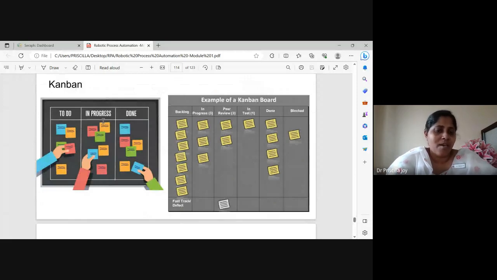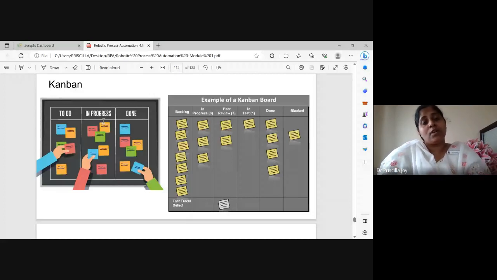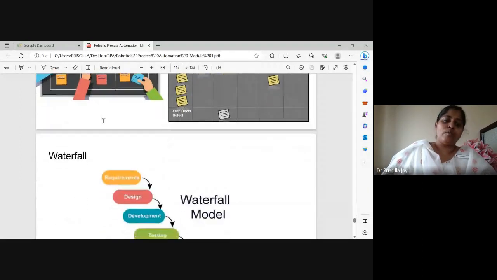For which too we'll be having the backlog, which is the fast track about the previous things which we have done based on the project, and what are all the things which we need to do at what deadline, and what is the progress, whether we have reviewed it and what is the level of review, all such things we will be taking, after which we will be testing. Once it is done, we will be acknowledging that it has been done, and when it is not completed, or when there is an issue, we'll be blocking that too. So that is about the Kanban process which is carried out.